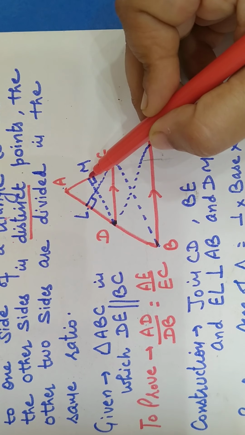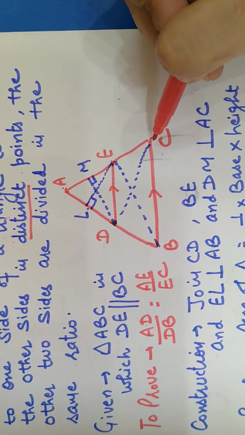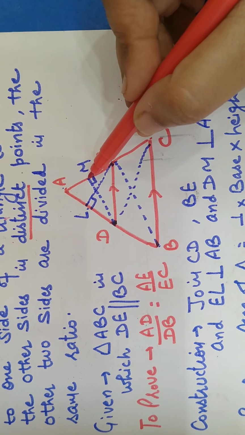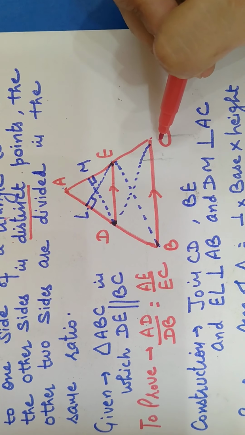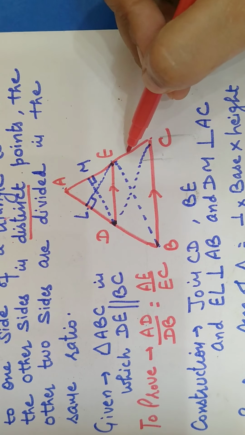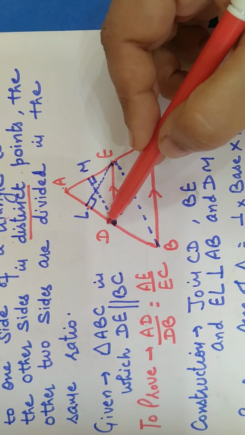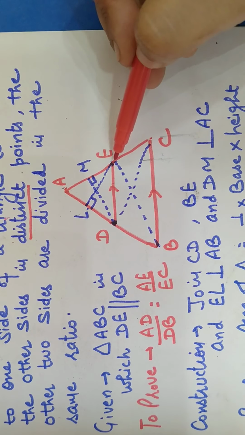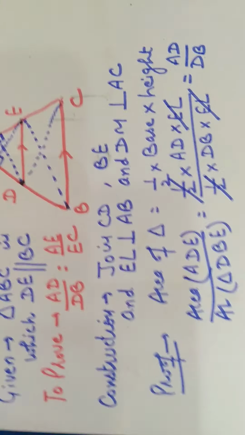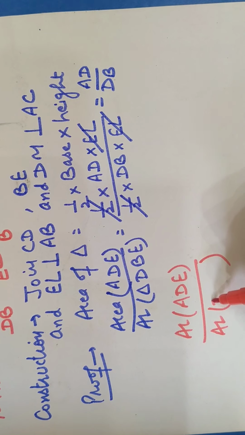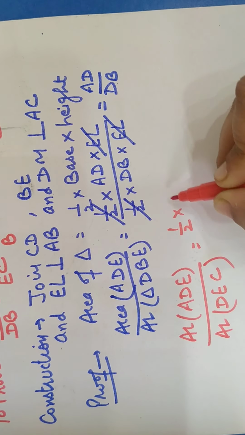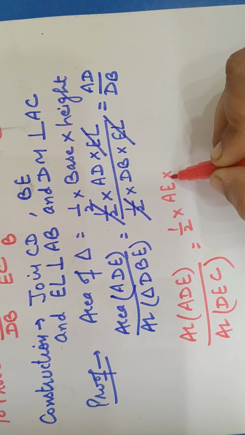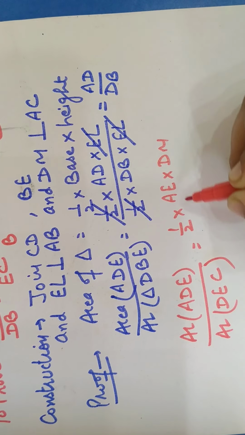From D, DM is perpendicular on the side AC. DM is the perpendicular for AE and for EC. So we have to choose two triangles. One is ADE, second is DEC.